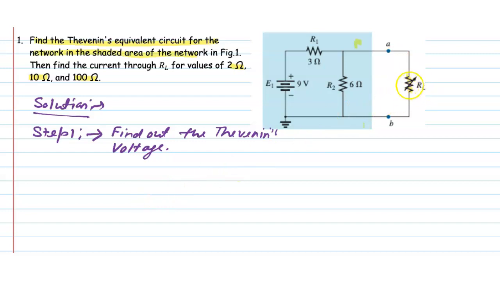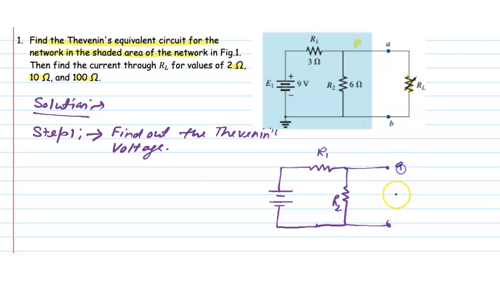If the load is removed from the circuit, then the circuit becomes like this: this is R1 and this is R2 and this terminal is open. So this is A and this is B, and this is open.